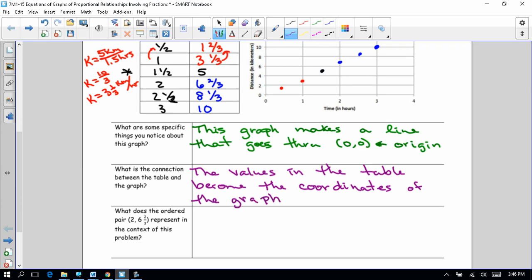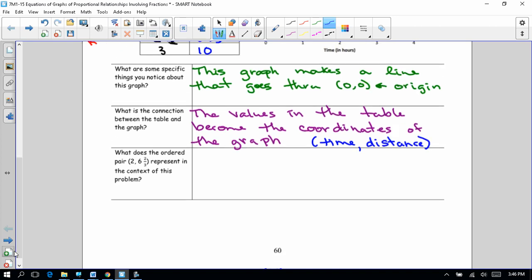A second ago when I was graphing that, I was taking the time, the first column, and I made the ordered pair with time and the distance, which is going to help me with this next question.